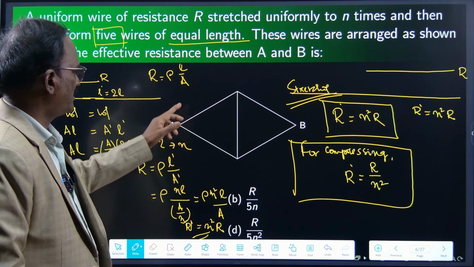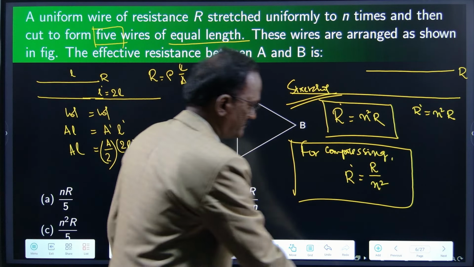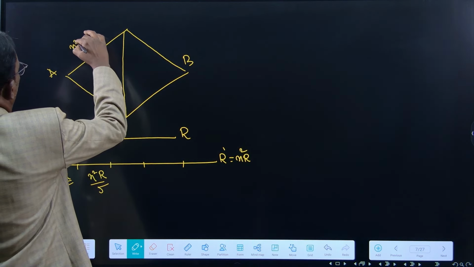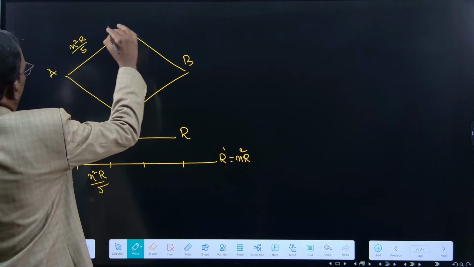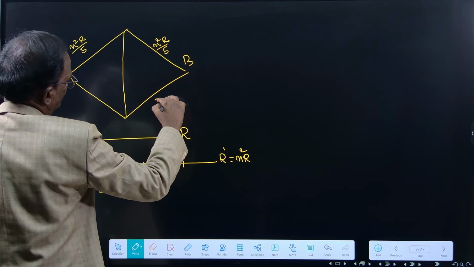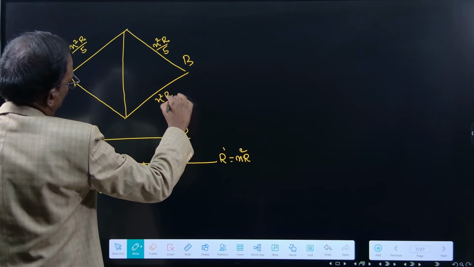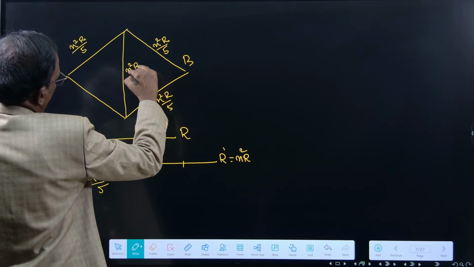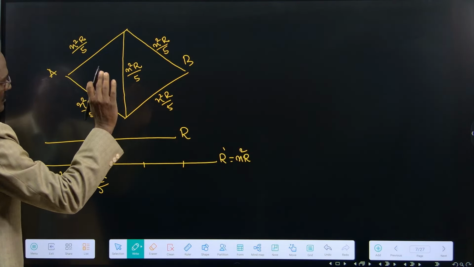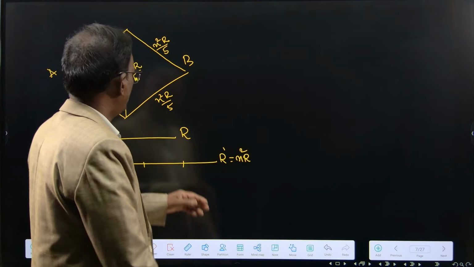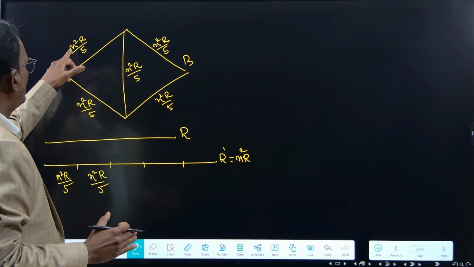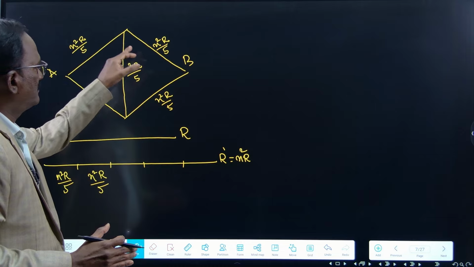This arrangement, right? 1, 2, 3, 4, 5, right? AB, so n square R divided by 5. This is also n square r by 5. The question is, what is the equivalent resistance between A and B? So the R value is n square r by 5.